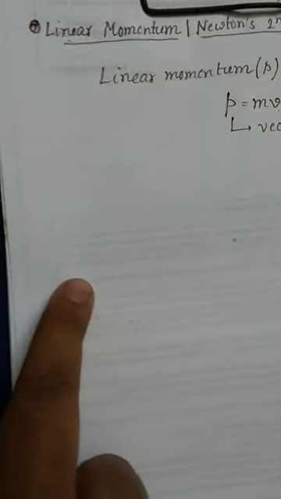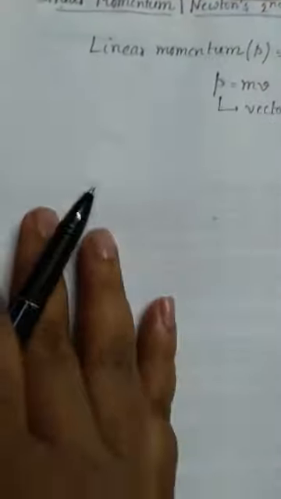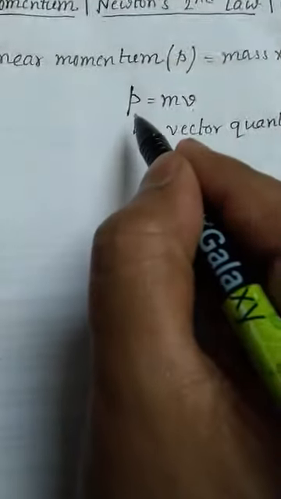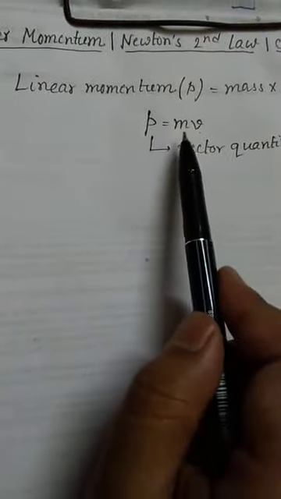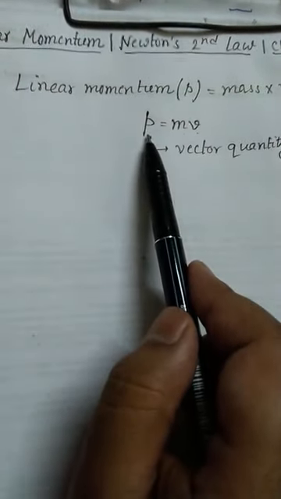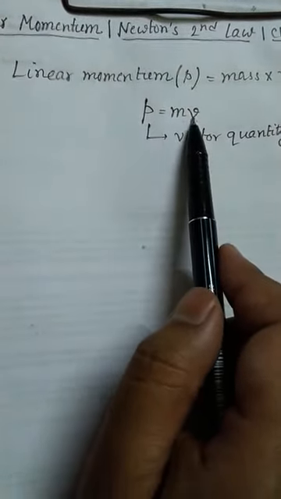Now another thing we have to discuss is the change of linear momentum. How can linear momentum change? Let's say p is the momentum. It can change when we change the mass, and again when we change the velocity.